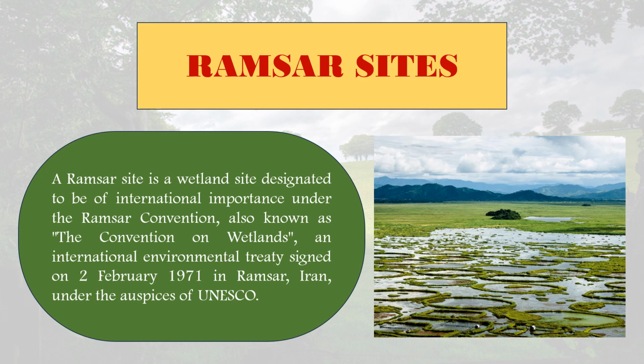This was done to protect the wetlands and the species present in those wetlands. So it's a protection way, or a solution, for how we can conserve our biodiversity. So let's start.